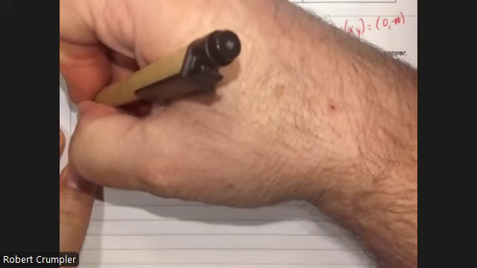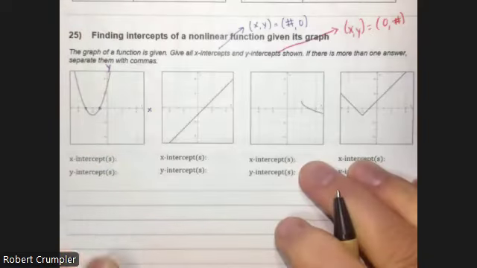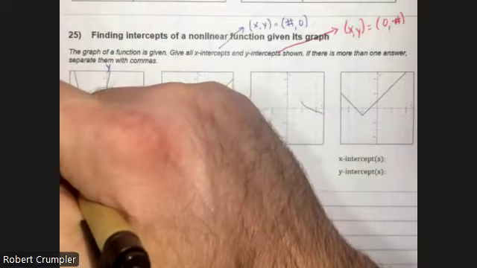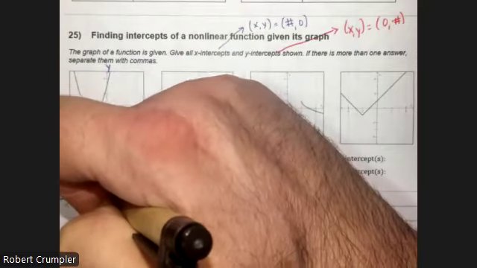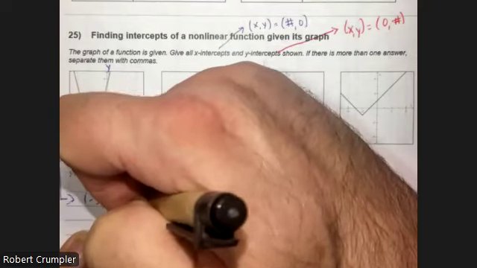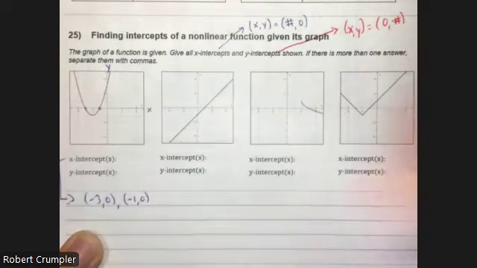Okay, so those are our two x-intercepts in this case. And so we can express those as ordered pairs accordingly. My x-intercepts are just going to be the ordered pairs -3, comma, 0, and then also -1, comma, 0. Okay, so those are the x-intercepts.